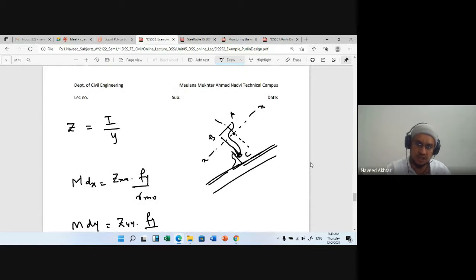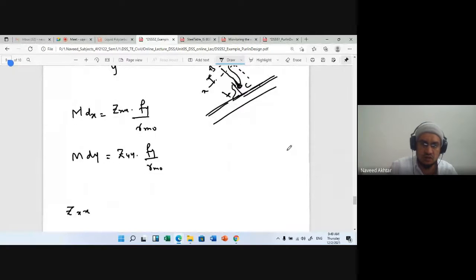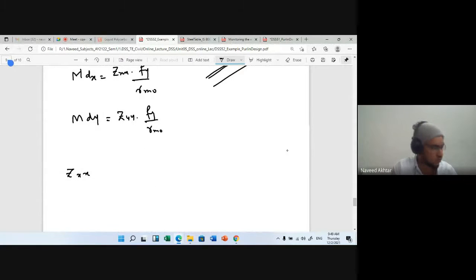So this is the section. So rotation will be about this axis in both directions. Okay. So ZXX is equal to IXX upon, I will take the bottom side, it is large, that is B minus CXX.